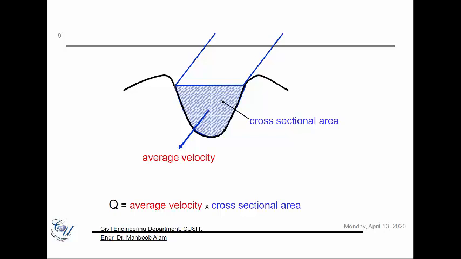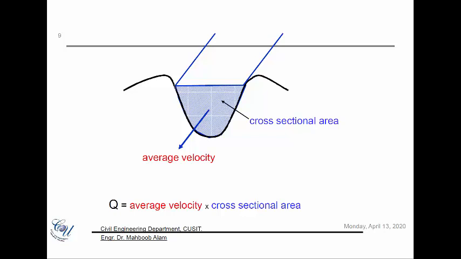In fluid mechanics and also in hydraulic engineering, you would have gone through piped flow, and in piped flow we have a constant cross-sectional area. In open surface flow, usually we have a problem that our cross-sectional area is not defined, or it is, let's say, non-constant.